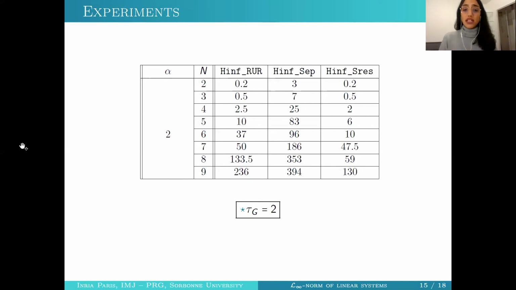As we can see here, the method of separation is the slowest. It takes much time in the experimentation. Here the numbers denote the time spent by each method in Maple.